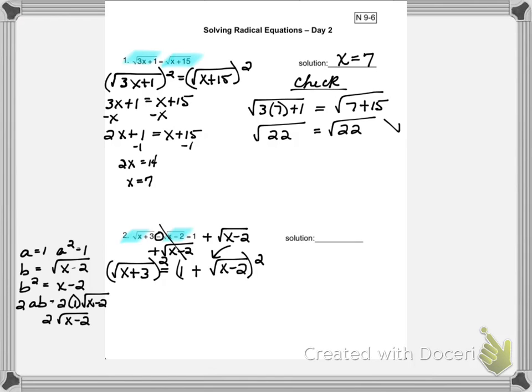So remember, and I'll write it up here at the top of the page, for solving radical equations, if you have a plus b squared, that will multiply out as a squared plus 2 times a times b plus b squared.